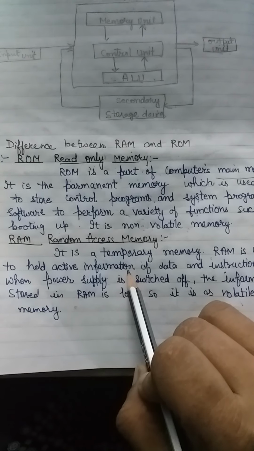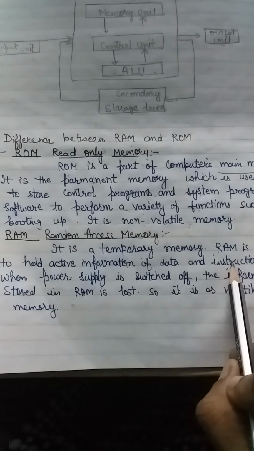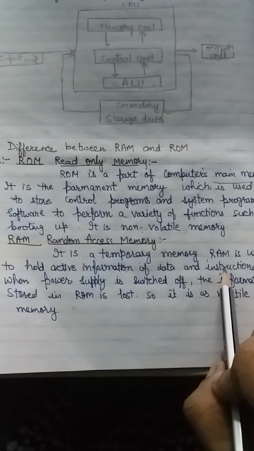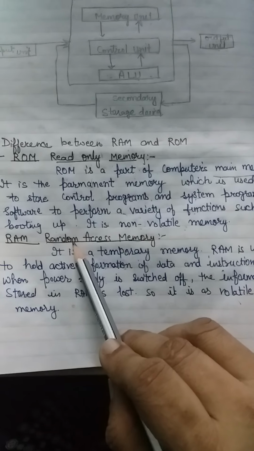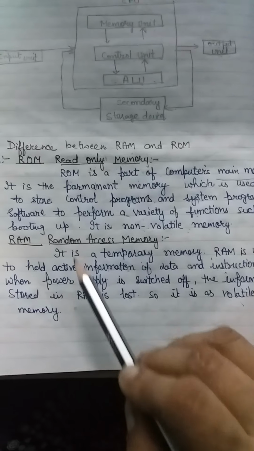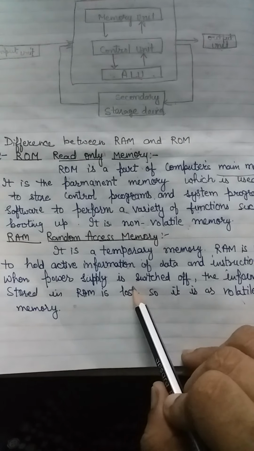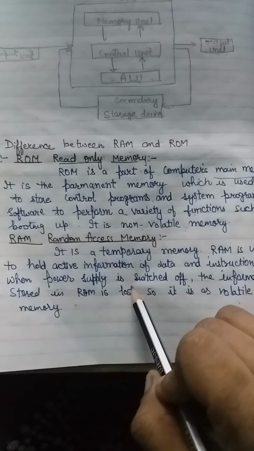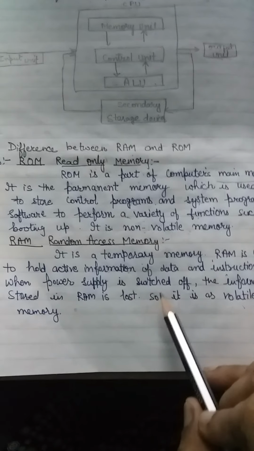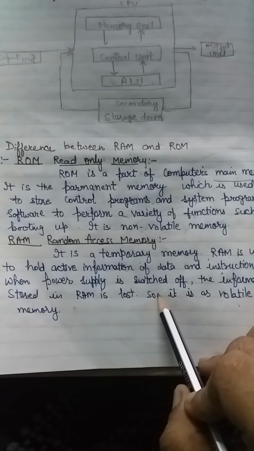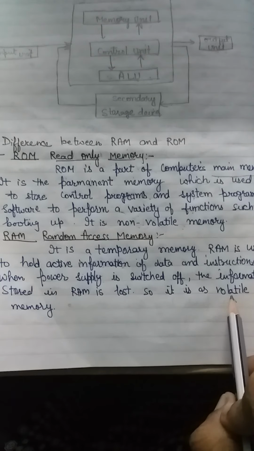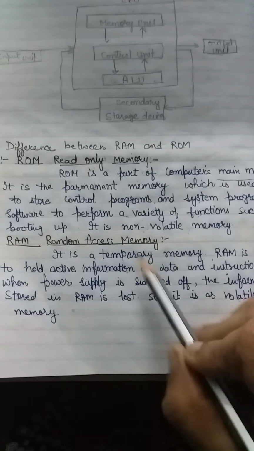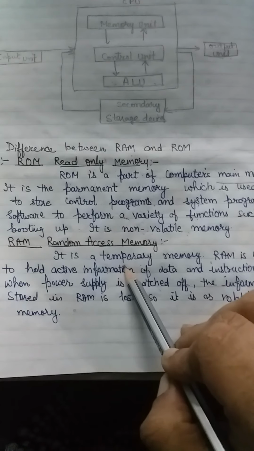When you enter data or give an instruction to the computer, that active function is held in the random access memory. If in between any power supply interrupts or is switched off, your data will be deleted, the data will be lost. That's why it's called a volatile memory. I hope you all understand what the ROM is and what the RAM is.